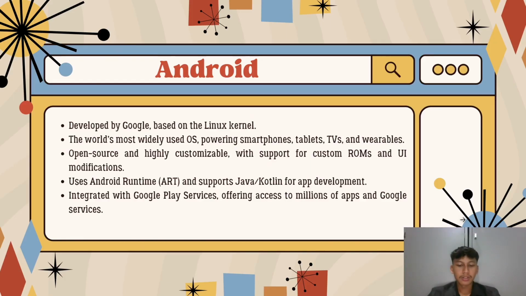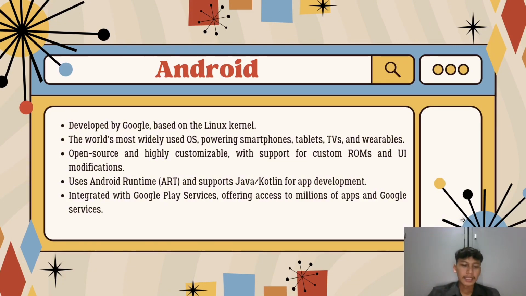Android also supports a massive app ecosystem with access to millions of apps on the Google Play Store. This makes it easy for users to download and install a wide variety of applications for gaming, productivity, social media, and also entertainment.